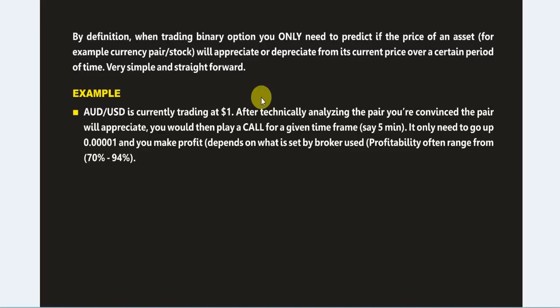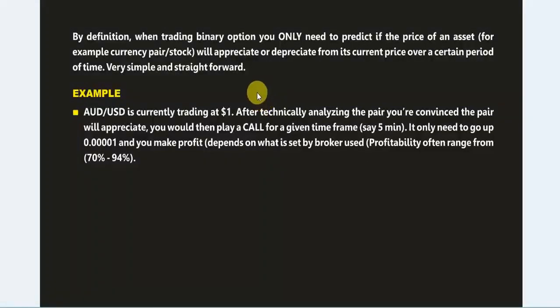After technically analyzing your pair, you are convinced that the pair, which is now AUD USD, will appreciate. You will then place a call for a given time frame, let's say 5 minutes. It only needs to go up by 0.001 and you make your profit. Well, profit depends on what the broker sets for you. Most of the times the profitability is always between 70 to 95%.